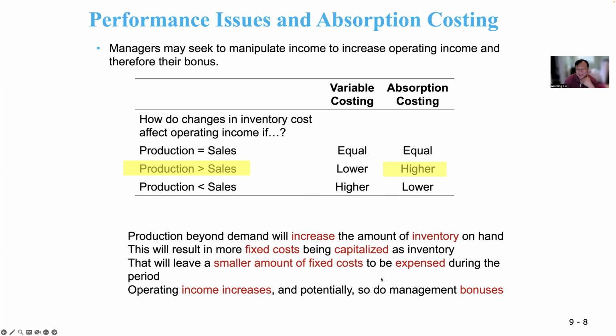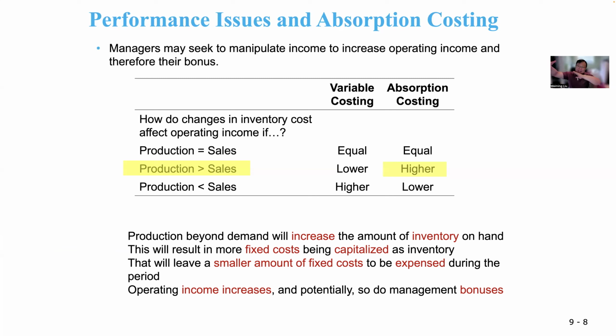So that's the story: if a manager knows that, oh, I'm almost reaching my operating income target, so in order to secure my bonus for the year, I better try to produce more products, right?